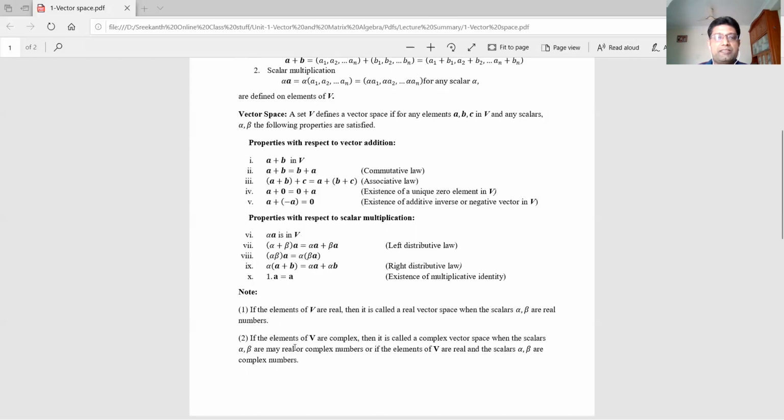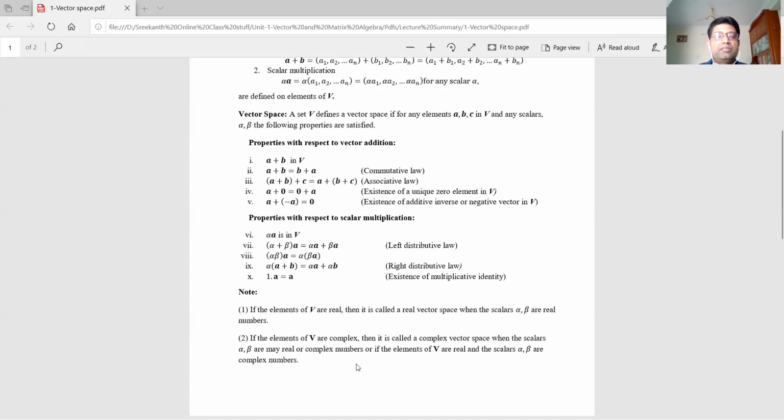In the second case, V is called a complex vector space whenever the elements of V are complex numbers, and alpha and beta may be real or complex numbers. In another case also, it is said to be a complex vector space, whenever the elements of V are real and the scalars are complex numbers.